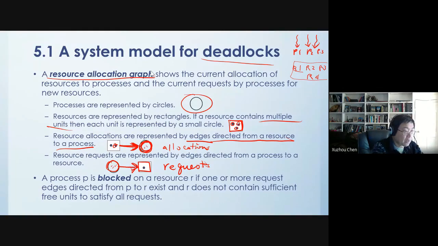So this is a resource allocation graph, and based on it, you can figure out whether there's a deadlock. If there's no deadlock, that's good. If there's a deadlock, how can I resolve it?